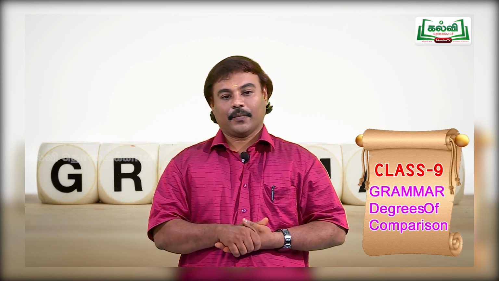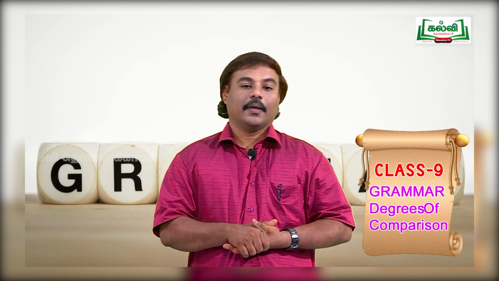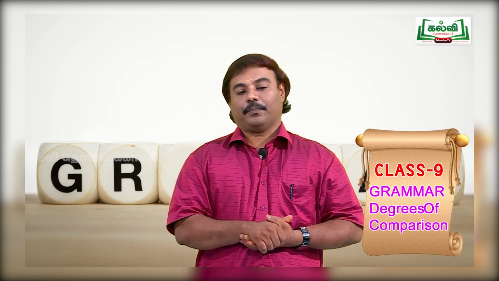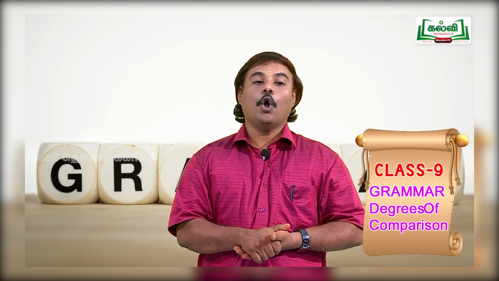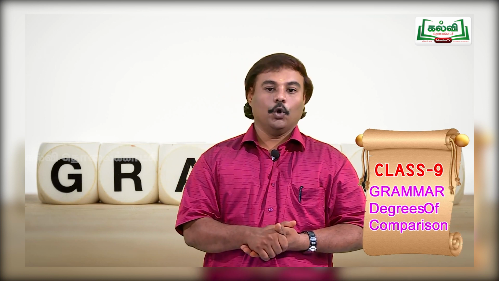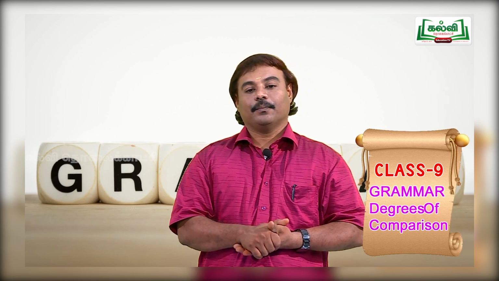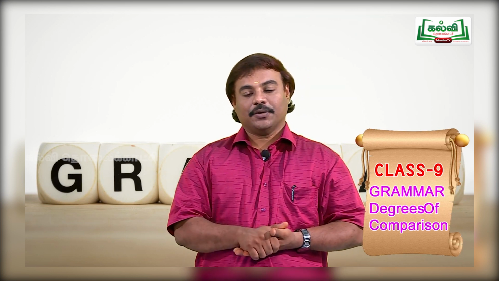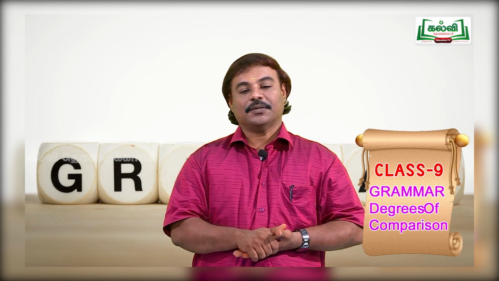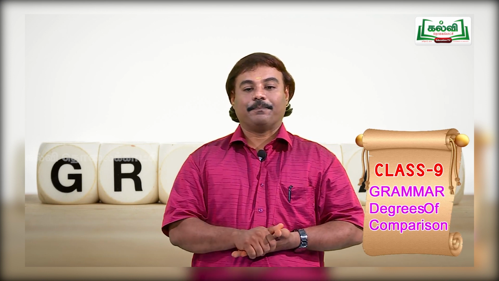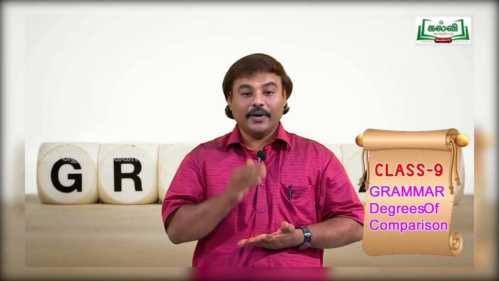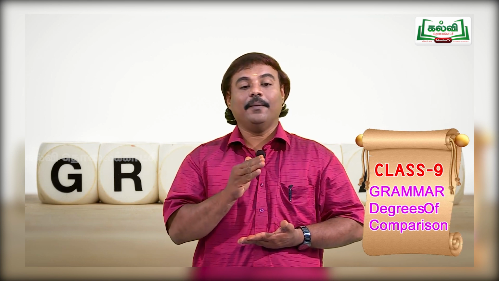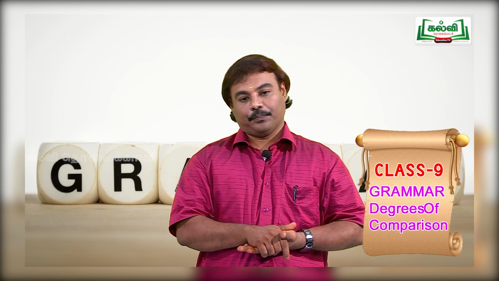Very good. Okay. In rule 1, in positive degree, it starts with no other. Below that, you can write as, or, so as. These are the words you can find in rule 1.